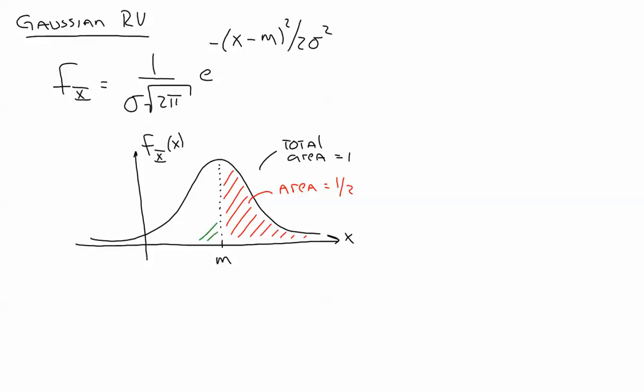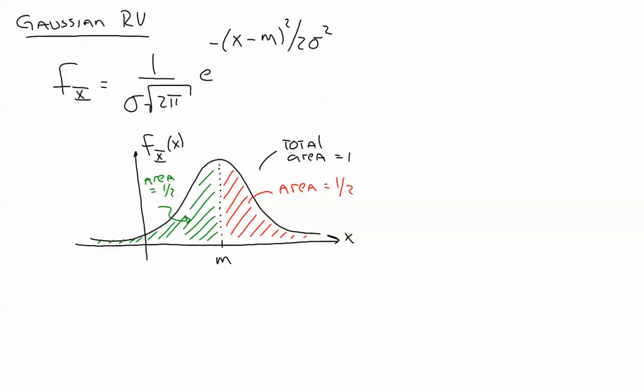Likewise, the probability of random variable x being less than little m is half. The green hatched area is also a half. So you'll remember from the previous discussions that the mean value of a random variable is the value above which and below which we're 50% likely for my random variable to take on a particular value.